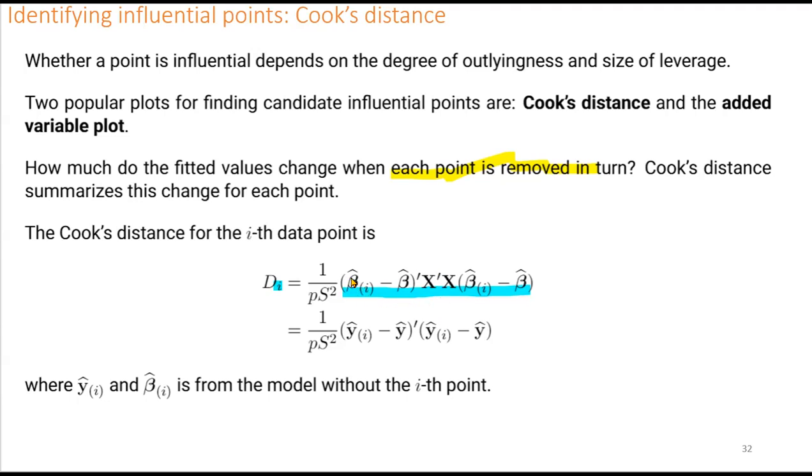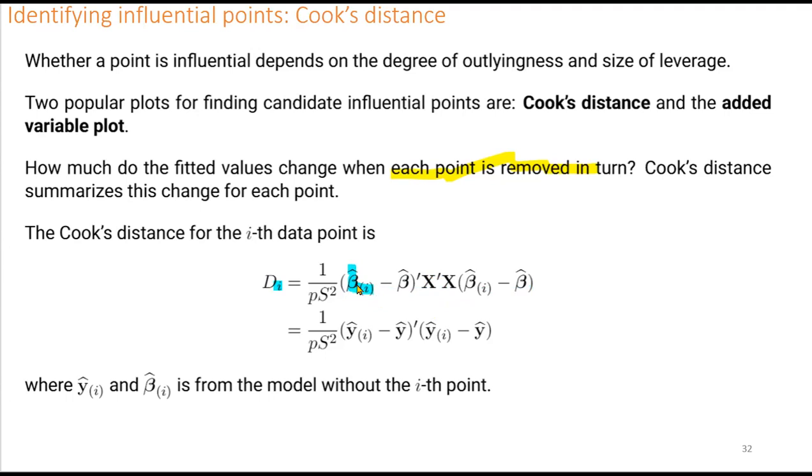And this beta here, with the subscript i in parentheses, denotes the vector of the fitted estimates when you remove the ith point.